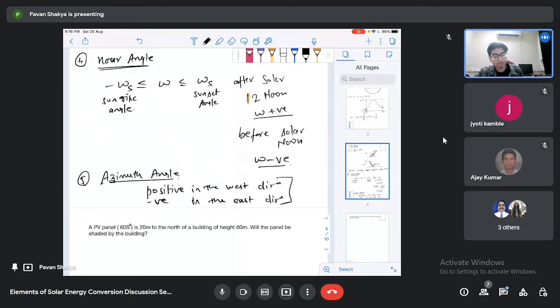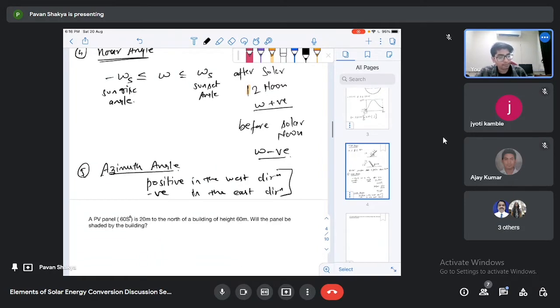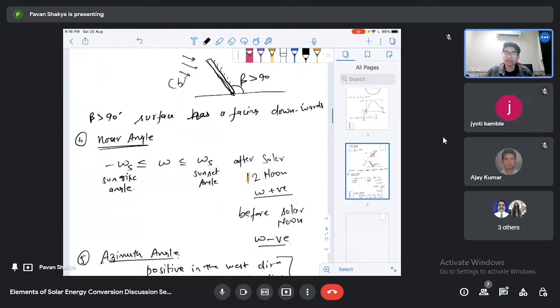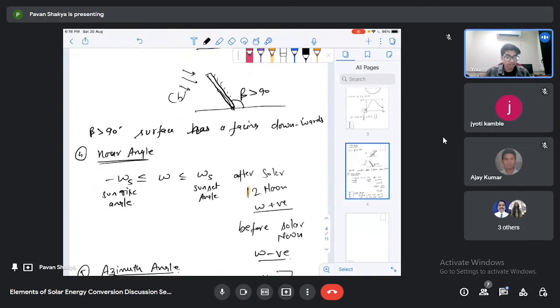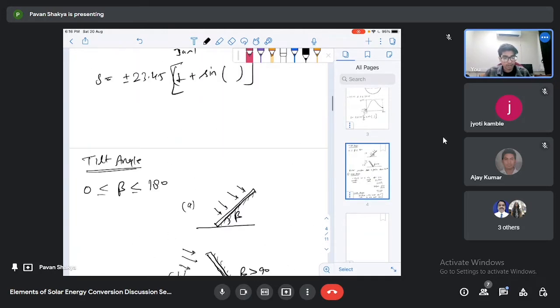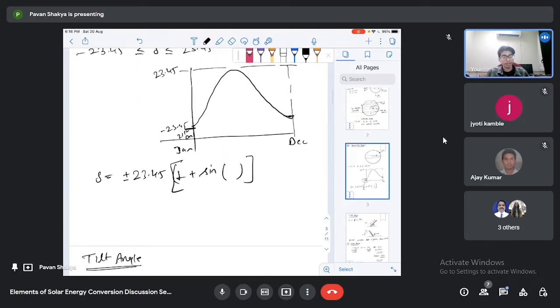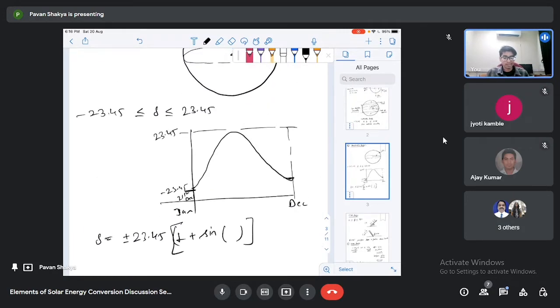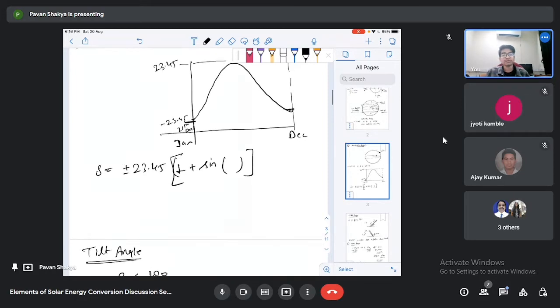What I'm trying to say about the east or west direction, you will see in a few minutes through a problem. So that's it for the angles. If you have any doubt in the different types of angles, then you can ask, else I will move forward.